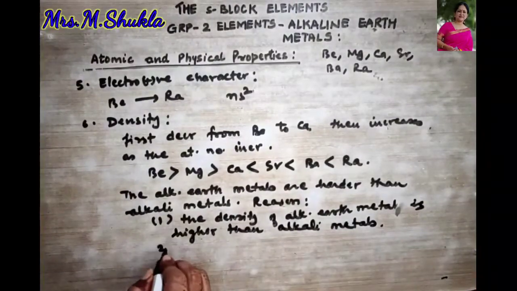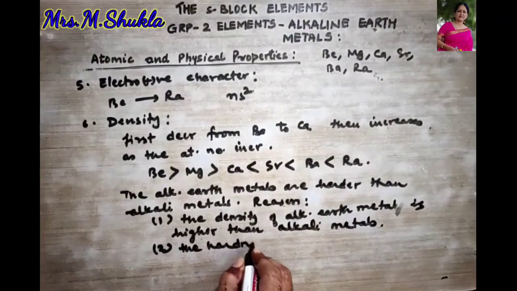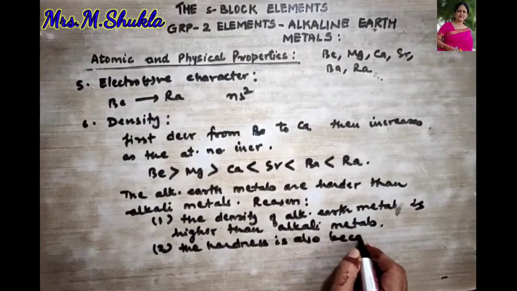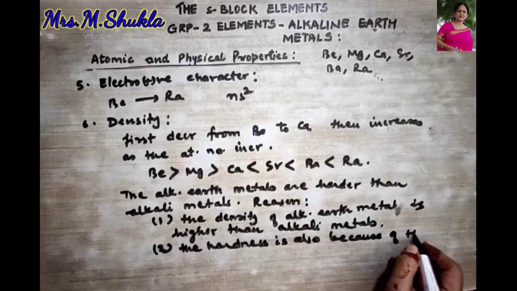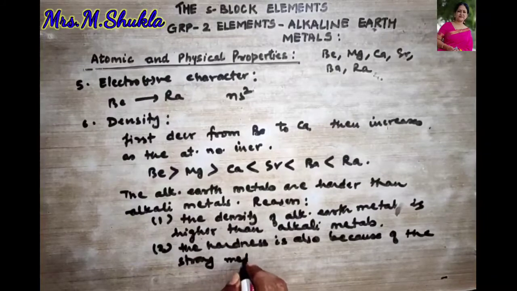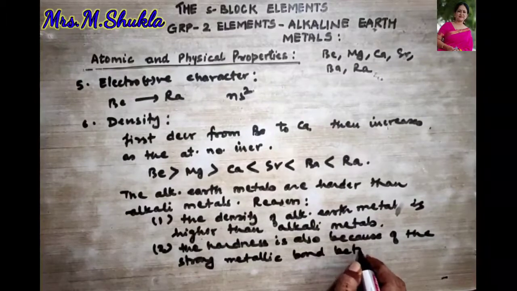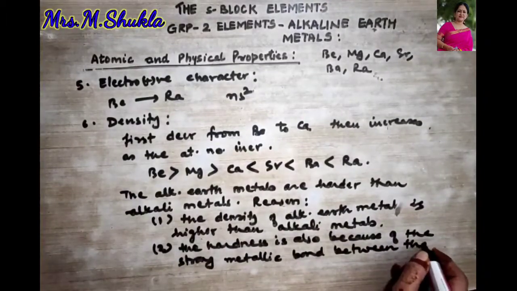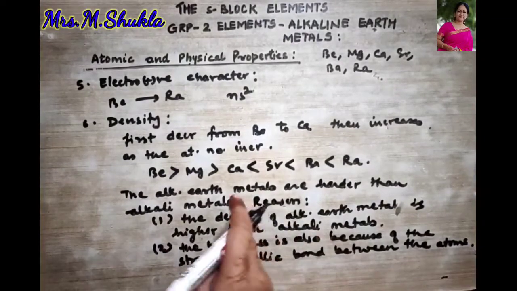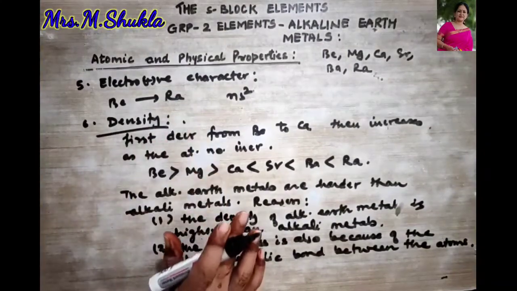Okay, and secondly, the hardness is also because of the strong metallic bond between the atoms. Atoms of what? Atoms of the alkaline earth metals. So I hope the density is also very clear to you.